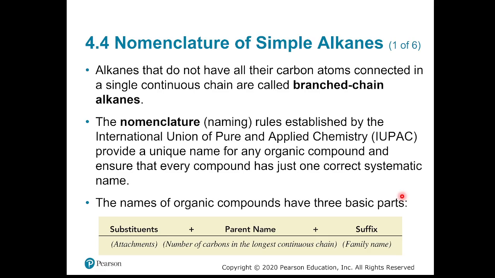The names for organic compounds are going to have three basic parts. It's going to be the parent or root name, and that's the part where you count the longest continuous chain, for example, octane, those sorts of things.